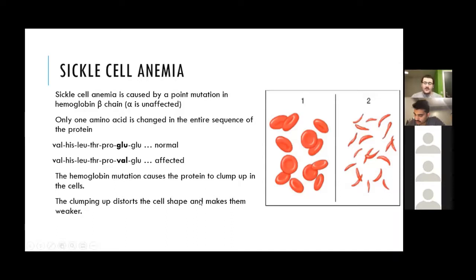What this does is it causes the protein to clump up in the cells, causes the sickle-like shape of the red blood cells, and it causes distortion of the shape of the red blood cells and makes them weaker, and also makes them more susceptible to clotting as well.